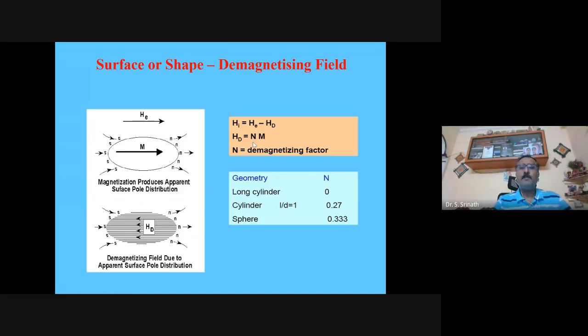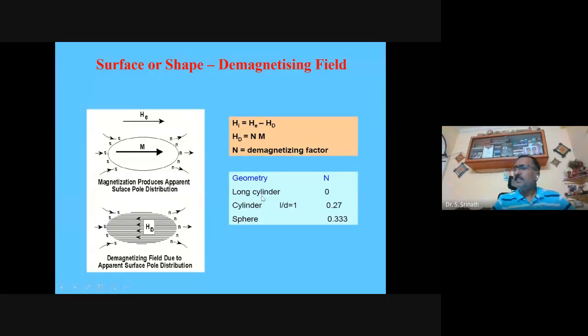In a ferromagnetic sample, since the magnetization is large, the demagnetizing field also will be large, and it is decided by the shape factor. For example, if I consider a long cylinder and I apply the magnetic field along the axis of the cylinder, then it is like your simple Coulomb interaction.